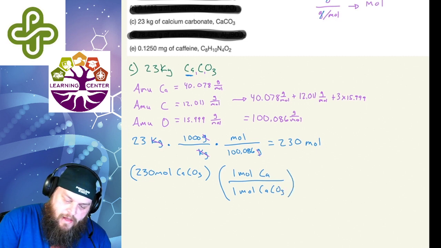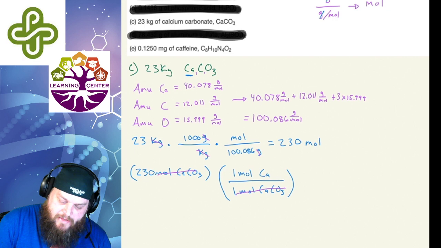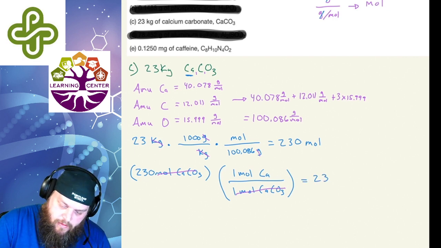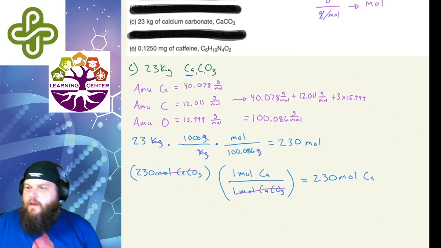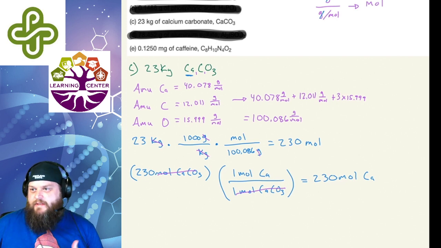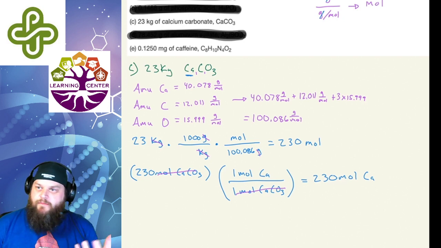When I do that, see the moles of calcium carbonate cancel out, and we're left with 230 moles of calcium. It seems a little weird to do that because it's really just a 1-to-1, but that basic step is what we need to do for everything when we're talking about that mole to mole ratio. We're trying to see how does this mole of this compound compare to the mole of this atom.